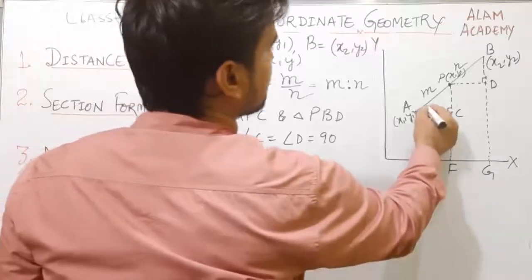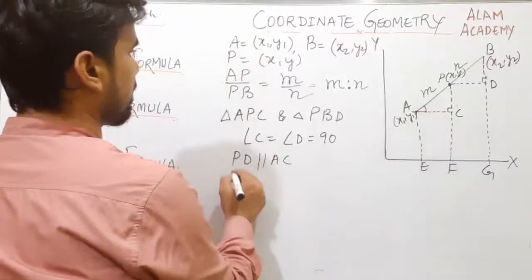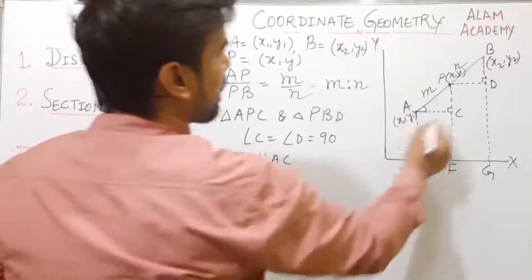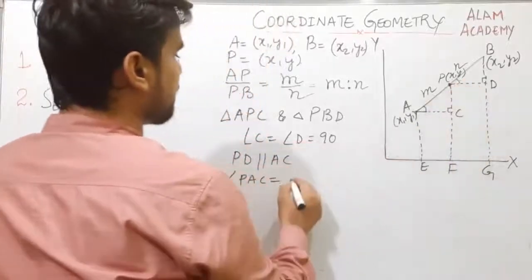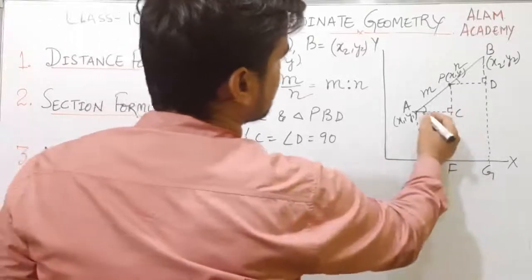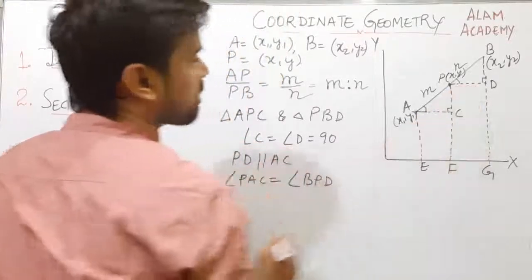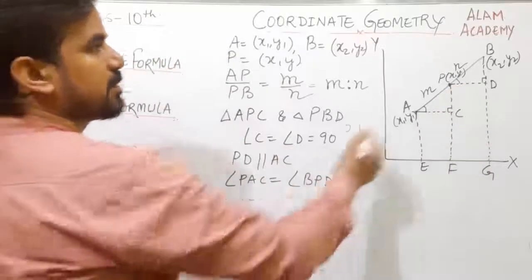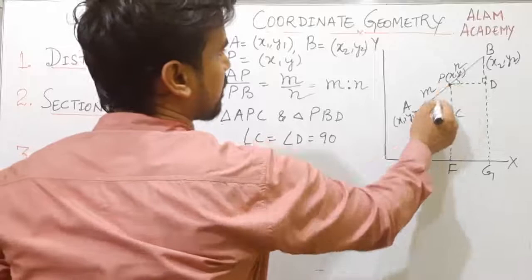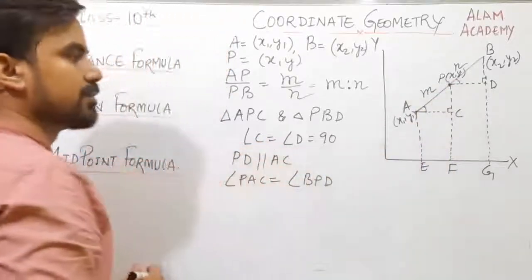so this angle PAC will be equal to angle BPD, because AC and PD are parallel lines, and AB is a transversal line. So this corresponding pair of angles will be equal.